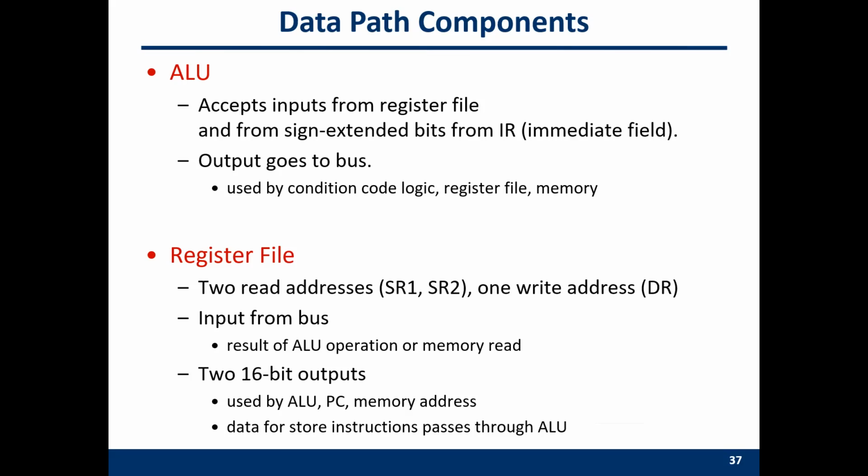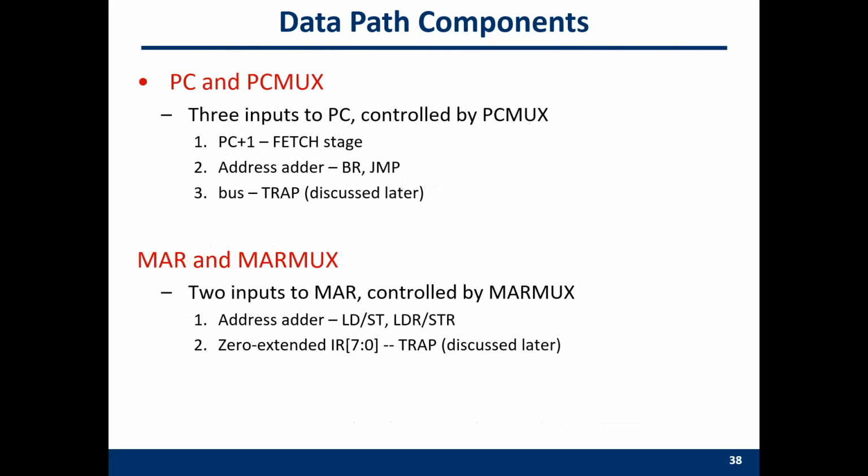Again, the ALU, PC, and memory address all take numbers from the register files. And the most important part is the PC, because the PC points to the instruction the CPU will run in the next cycle.